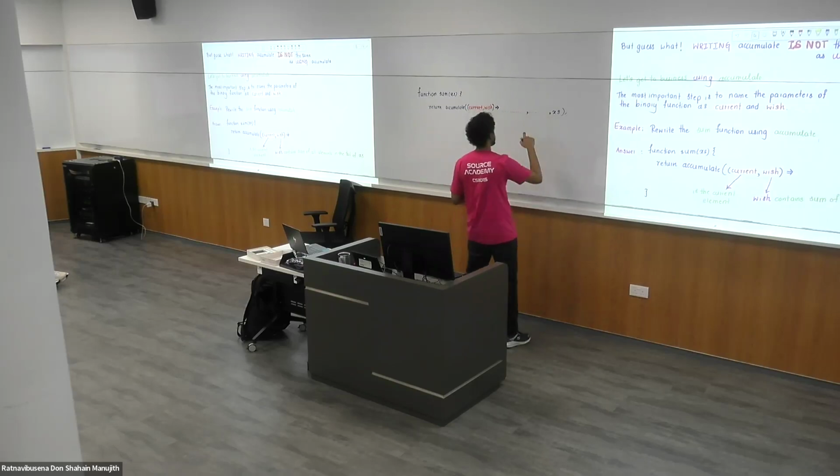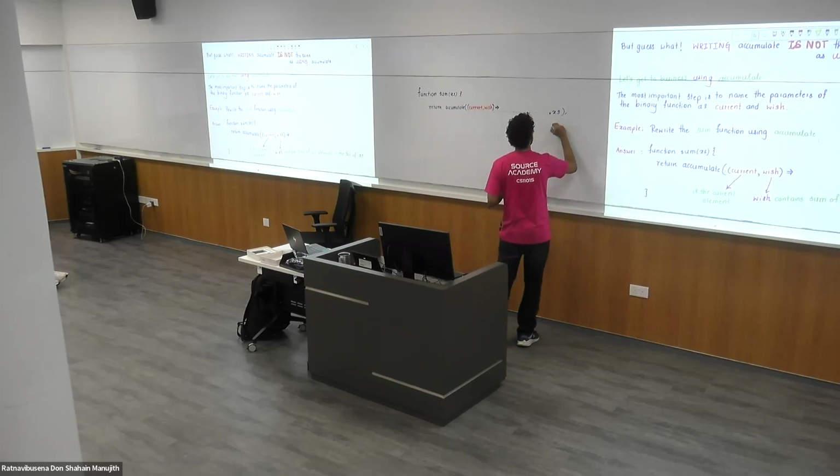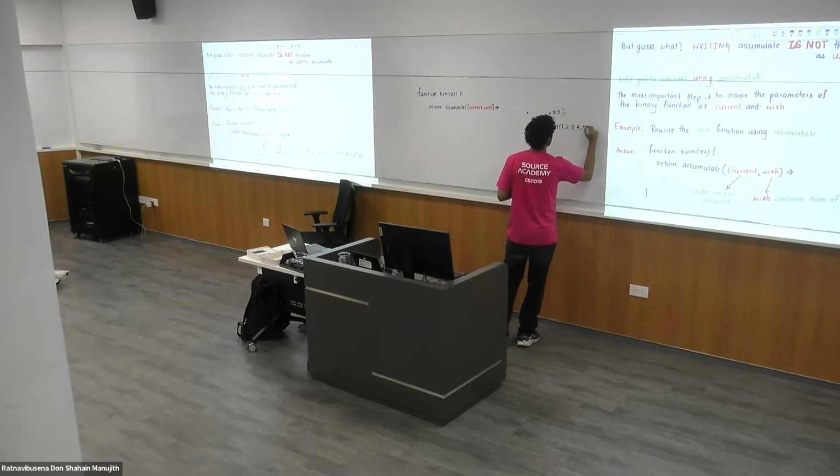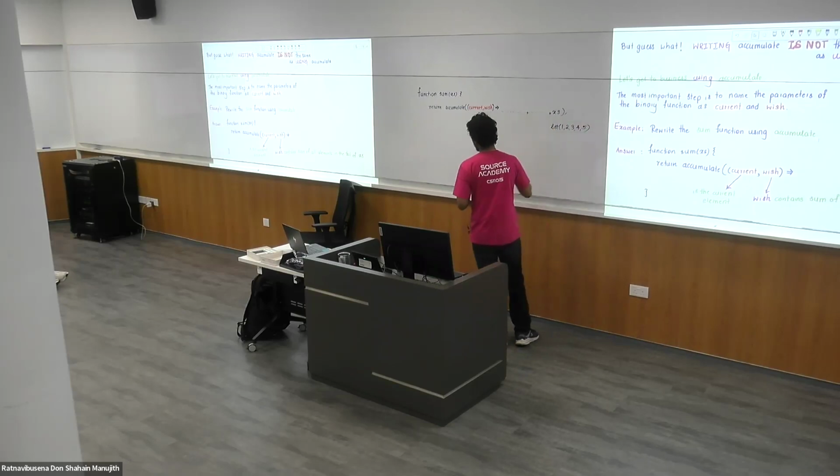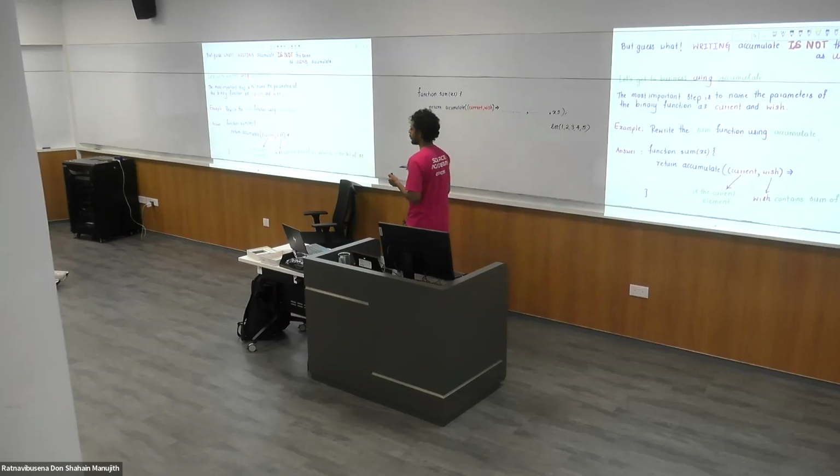For example, just imagine that xs is list 1, 2, 3, 4, 5. So we want to sum the elements of this list 1, 2, 3, 4, 5 using accumulate.